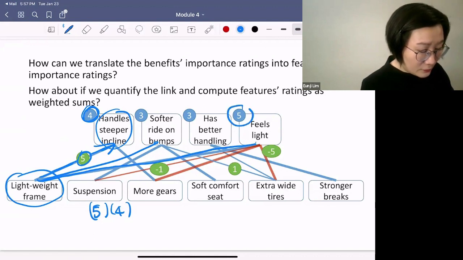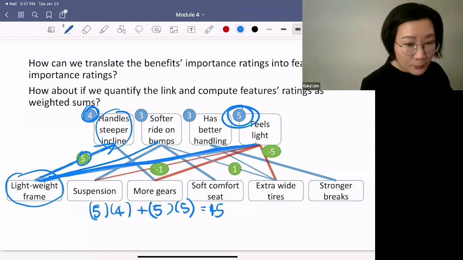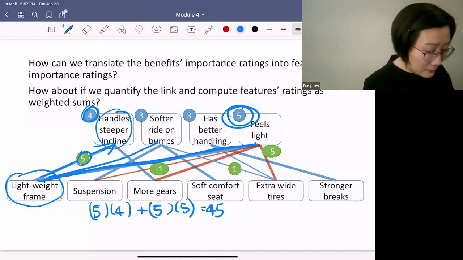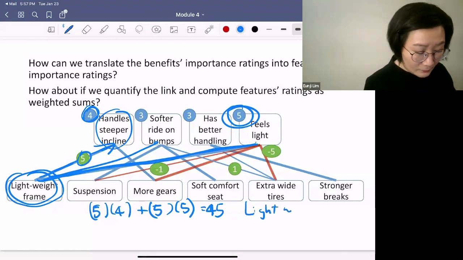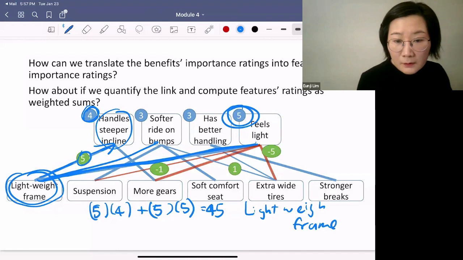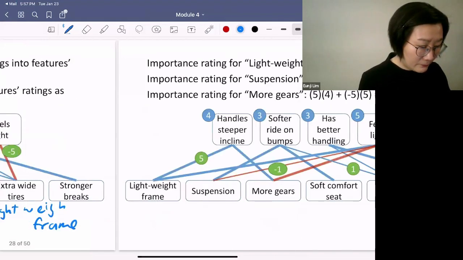And the importance rating for this is 5. So 5 for the link and 5 for the importance rating, which is 45. This is the importance rating for lightweight frame. We can keep doing this for the rest of the features.